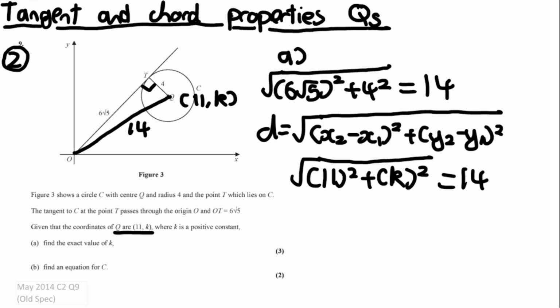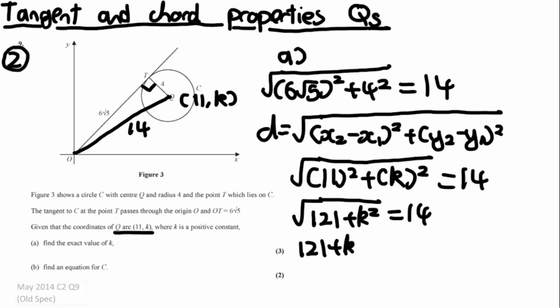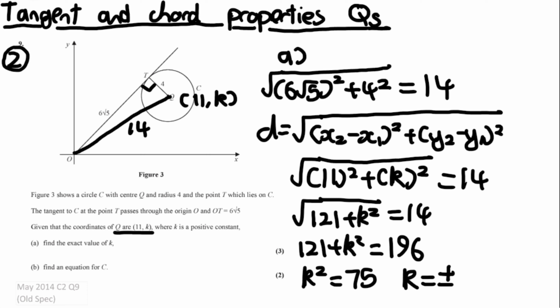We can simplify this and do the square root of 11 squared, which is 121, plus k squared is equal to 14. We can square both sides to do 121 plus k squared is equal to 196, and then k squared is equal to 75, and then we can square root both sides and say that k is equal to the square root of 75, which is plus or minus 5 root 3.